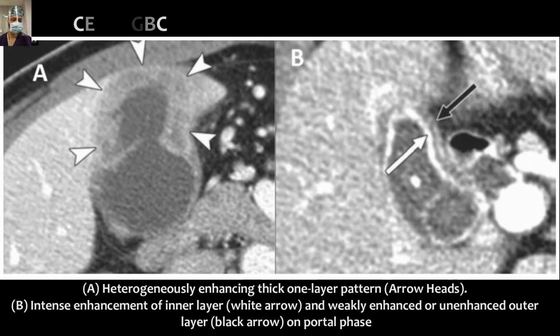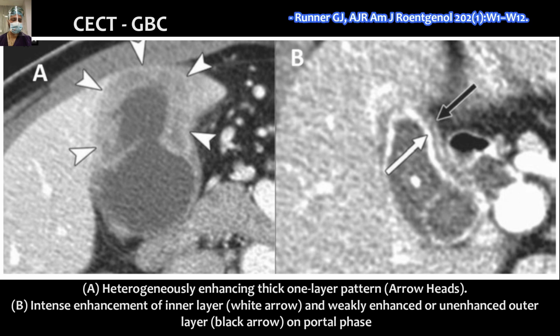These are some pictures from a patient with gallbladder cancer. Figure A shows a heterogeneous enhancing thick one-layer pattern, arrowheads. Figure B shows intense enhancement of the inner layer, white arrow, and a weakly enhanced or unenhanced outer layer on portal phase.